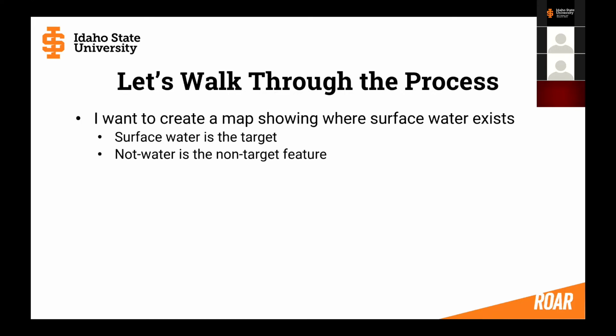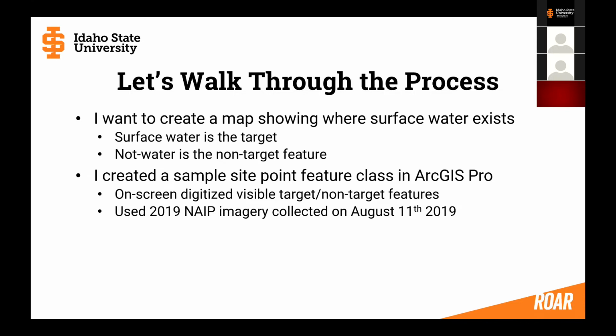Let's say I want to create a map showing where surface water exists. Surface water then is our target, and anything that's not water is our non-target feature. So I created a sample site point feature class using ArcGIS Pro.